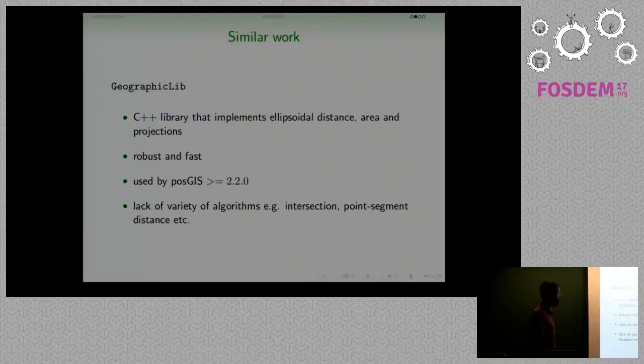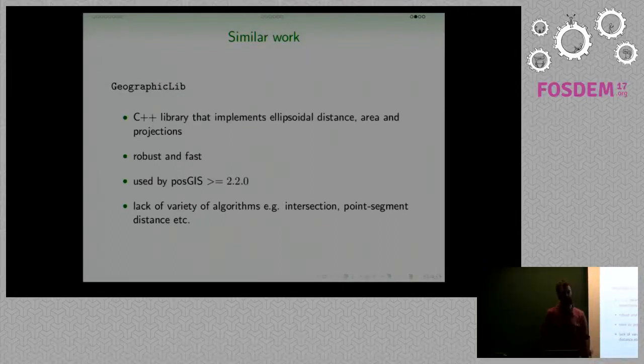Okay, so similar work. There is this library called GeographicLib. It's again C++ and also implements similar algorithms. It's robust and fast as far as I know, and it's also used in PostGIS from this version on.